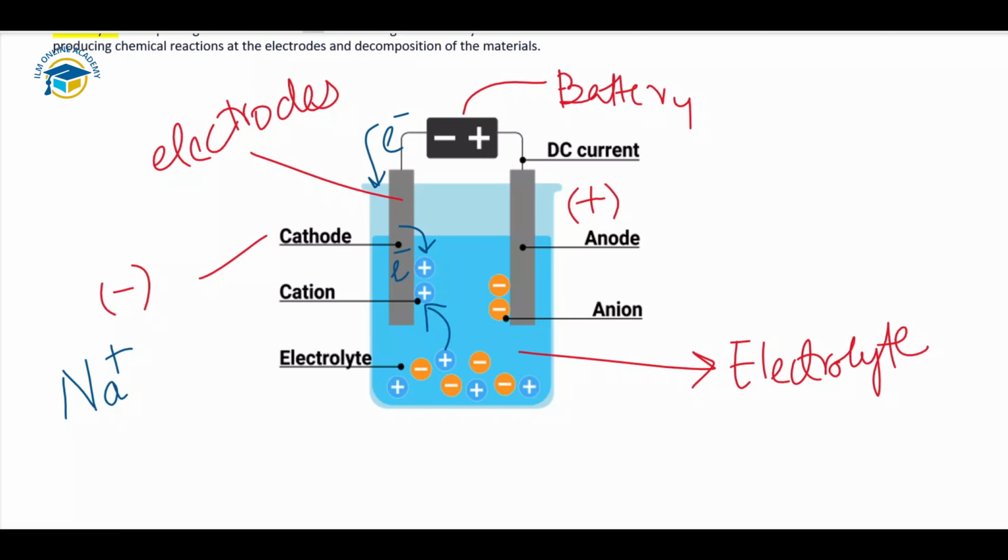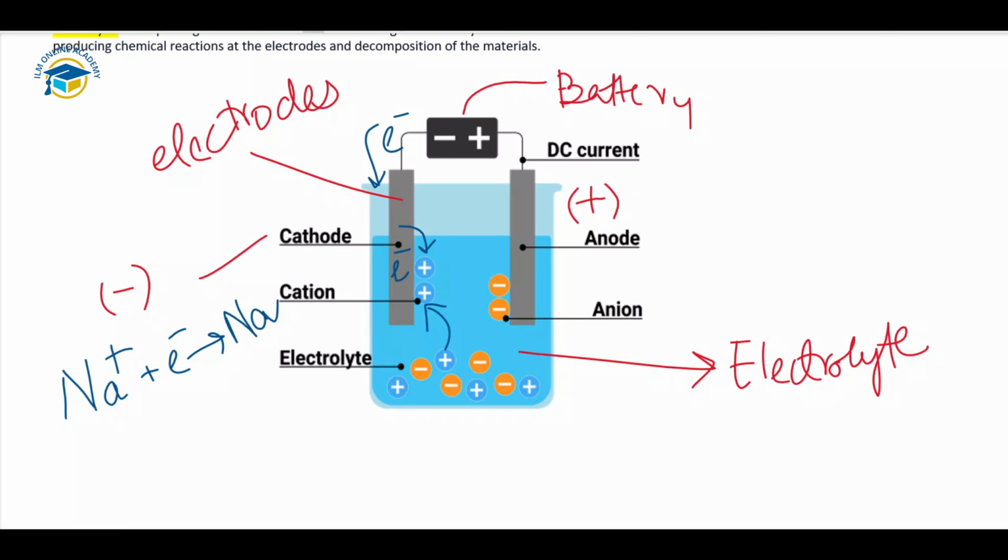Electrochemistry is based on these oxidation reduction reactions, in which electrons are transferred between different species. Oxidation involves the loss of electrons, while reduction involves the gain of electrons. So here at the cathode, electrons are gained by the sodium ions. Sodium gains that electron and forms neutral sodium metal.